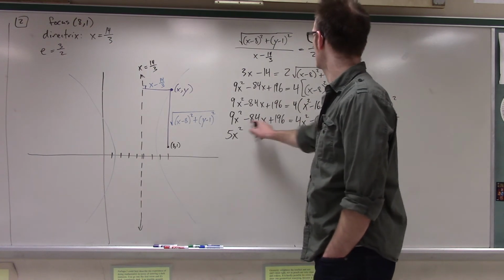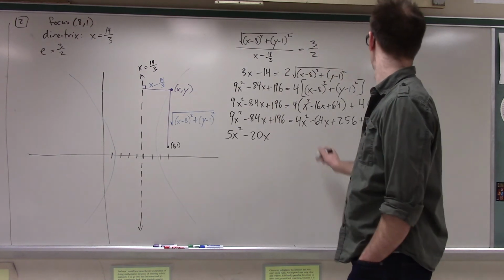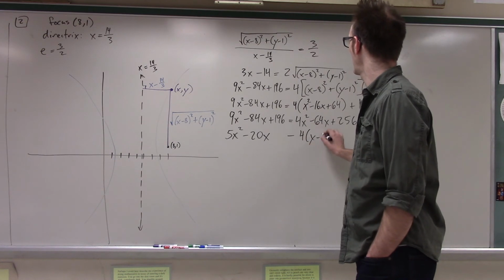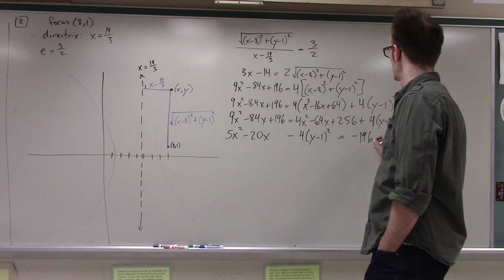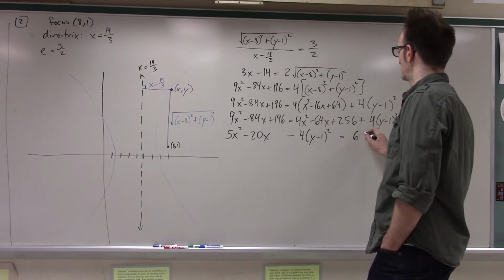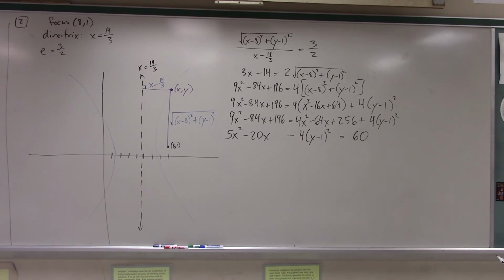I add 64 to both sides. And then I'll subtract the 4(y minus 1) squared, and I'll subtract the 196. If I subtract 196, then I get like 60 over here. Let's see if I did that right. Double checking. Yeah, boom, boom, boom, boom.